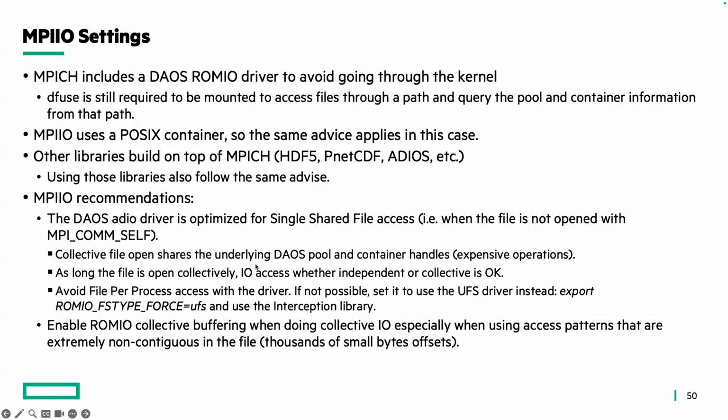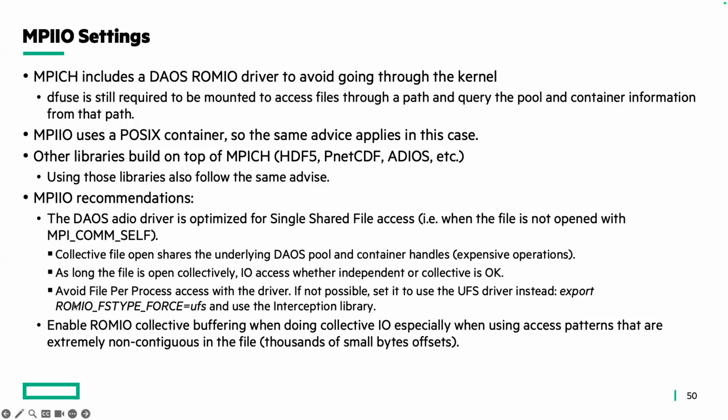The problem is millions or tens of millions of files being opened at the same time independently, with no collective sharing of the pool and container handle. We're not talking about the file handle, but the pool and the container handle. This can be very expensive for DAOS. So collective file open is important in this scenario.